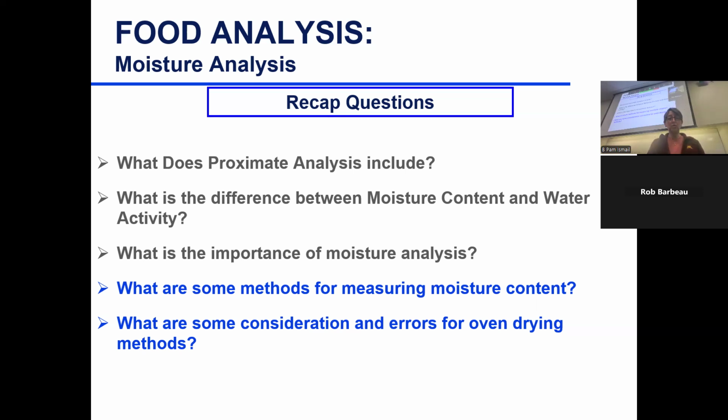So what are some considerations and errors for oven drying method? Let's name a few. Chemical reaction. Can you think of an example? Maillard reaction. Does it cause underestimation or overestimation? Overestimation because it's condensation. You lose water that is chemically bound and you evaporate it. Okay, what else?